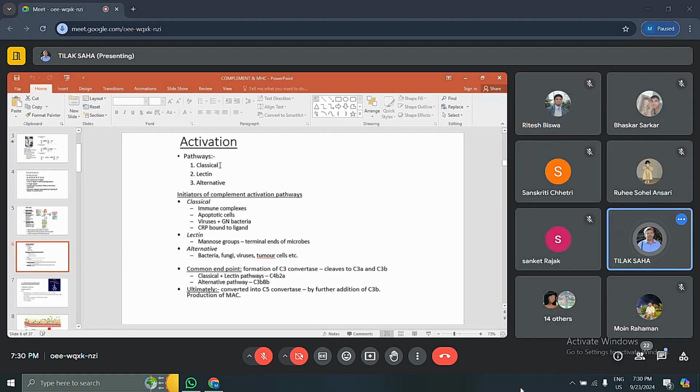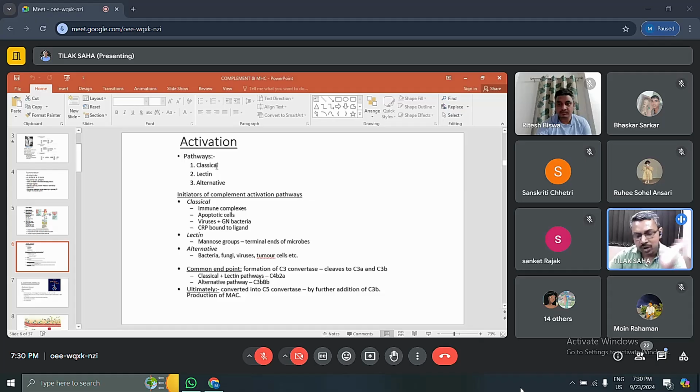Phagocytic cells, in a chemotactic way, can run to the area where antigen antibody complexes are formed and capture the pathogen. I hope it is understood how antigen antibody complexes can create the classical pathway of complement activation. Now, in between, the classical pathway is mediated by the adaptive immune system, while the alternative pathway is mediated by the innate immune system.